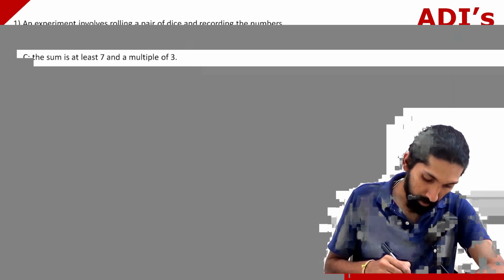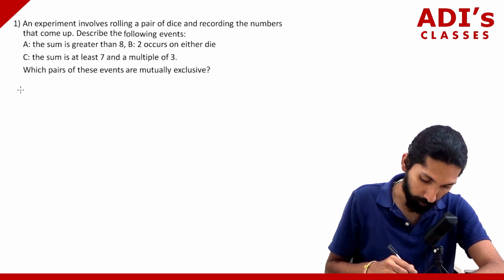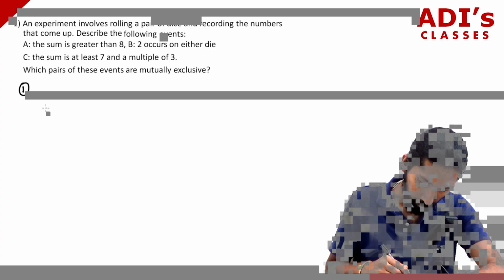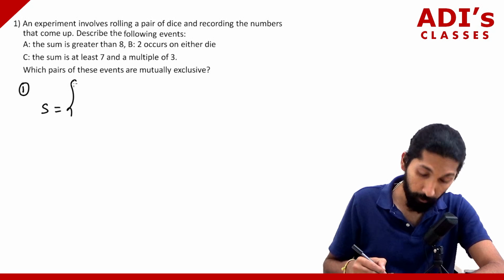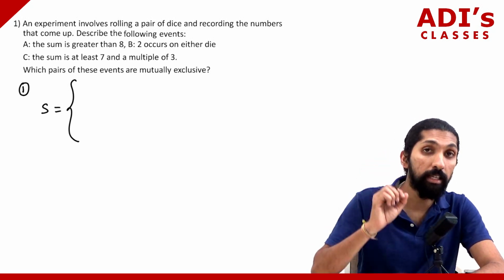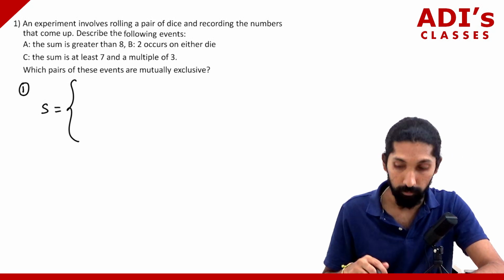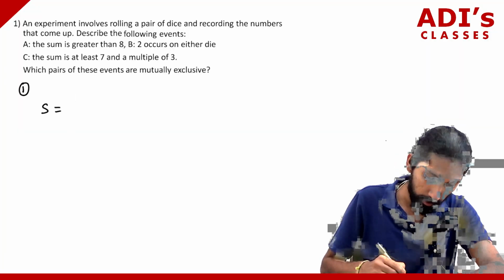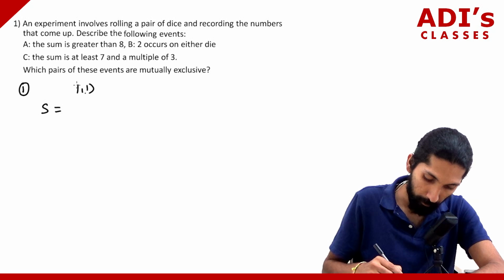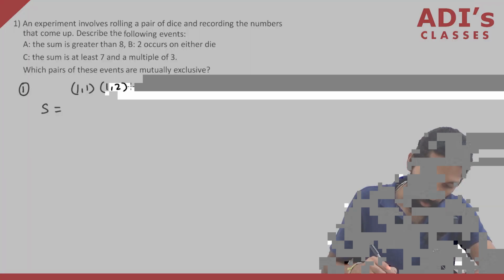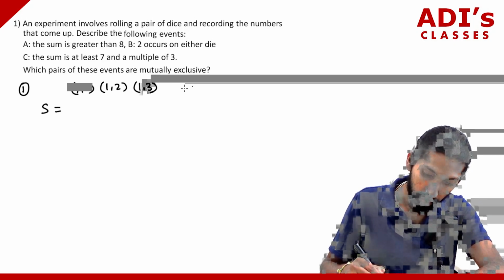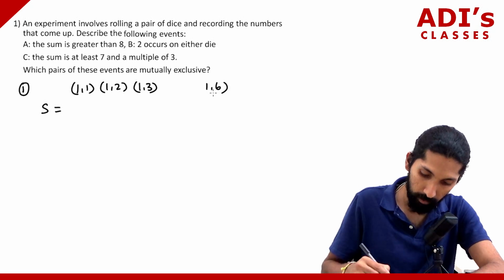See, the sample space S is going to have 36 possibilities because we are rolling a pair of dice. We are going to have 1 comma 1, 1 comma 2, 1 comma 3, and so on till 1 comma 6.